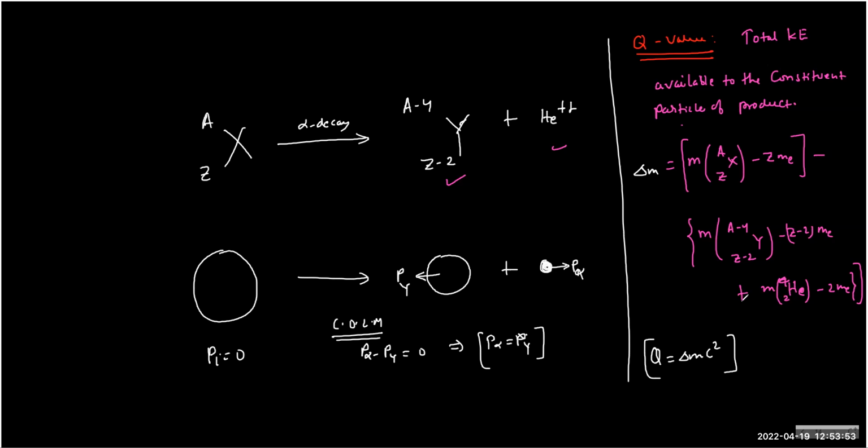So if you just simplify this, all the electrons will cancel out eventually, so they will not be there.